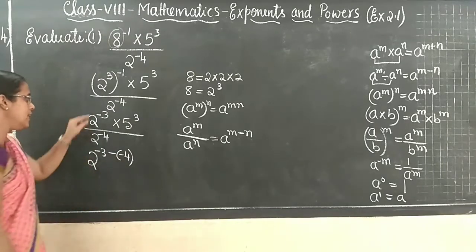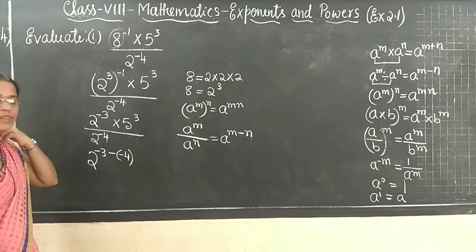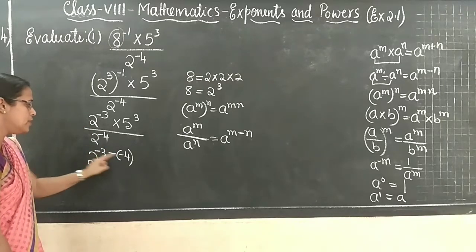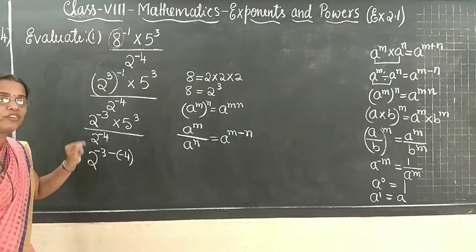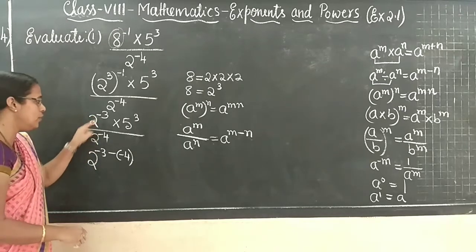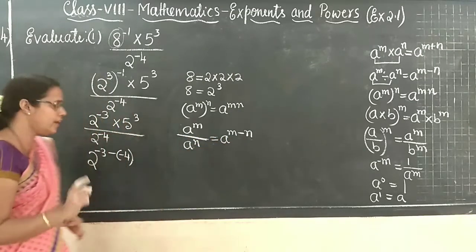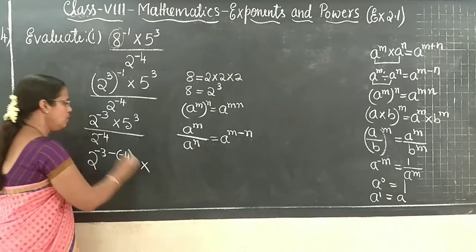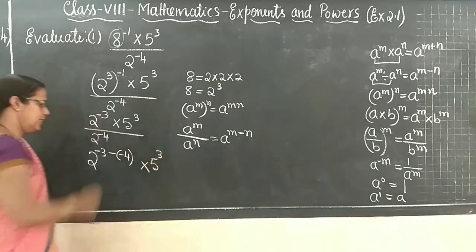So, children, minus 3 minus of minus 4. When the bases are the same, you have to subtract the powers. When subtracting, you should be very careful. Why? Because both are negative here, and even the middle sign is negative. Into this, the remaining 5 to the power 3.